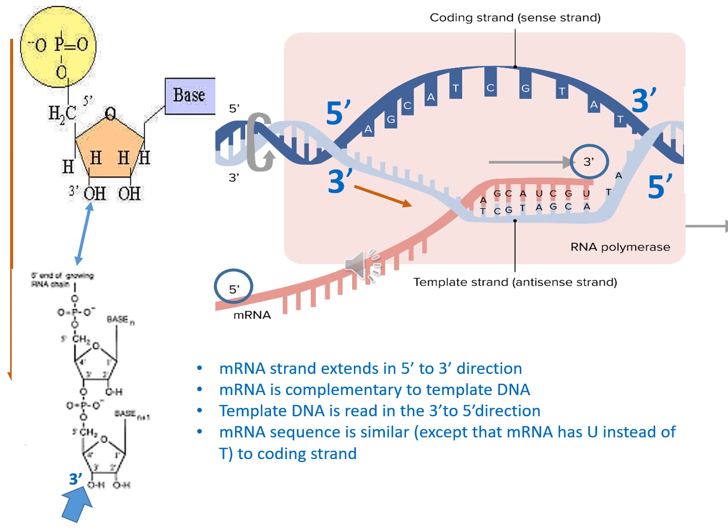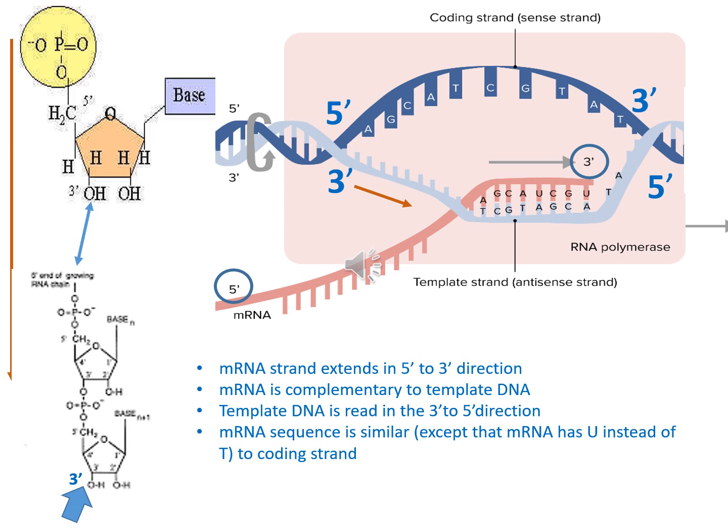So when mRNA extends in the 5 to 3 direction, obviously the template sequence has to be read in the 3 to 5 direction, because mRNA is complementary to the template DNA. So RNA polymerase reads the template DNA in the 3 to 5 direction.